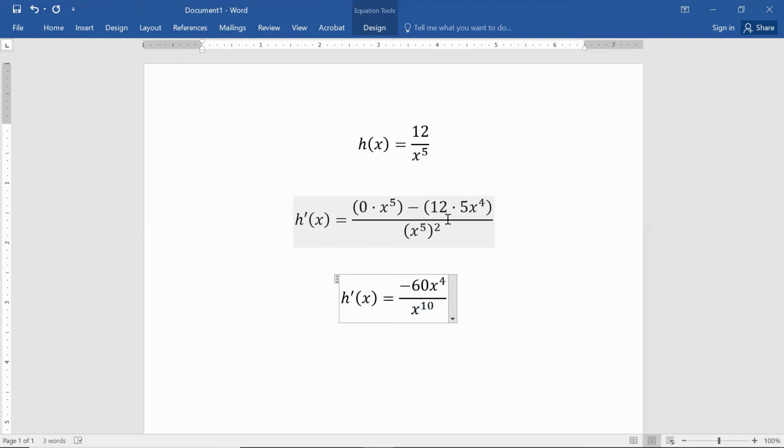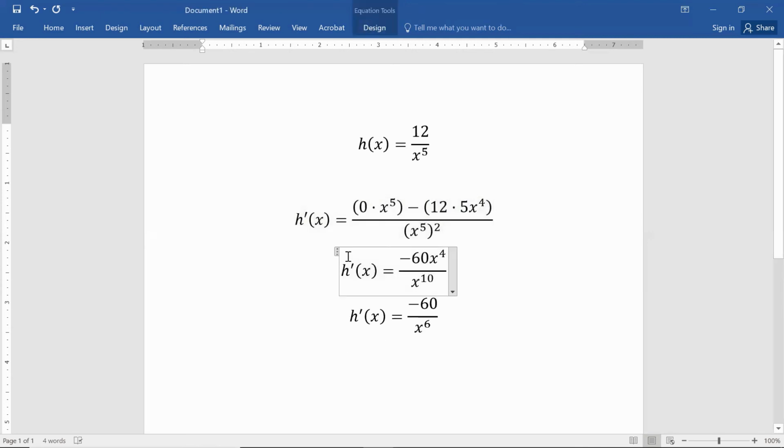This one you can easily divide. So h prime of x is equal to a fraction which has negative 60 on the top and x to the 6th on the bottom. So that's what we get when we do the quotient rule and then simplify.